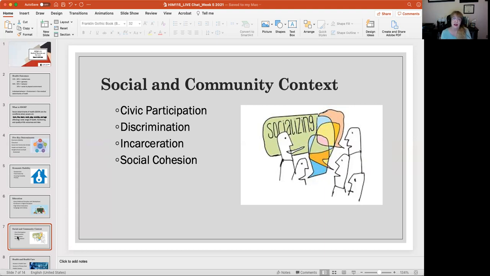Maybe it's just helping a family whose father or mother is released from jail or prison and they need that support. There are community organizations out there that do these things, but all of this contributes to a person's overall health.